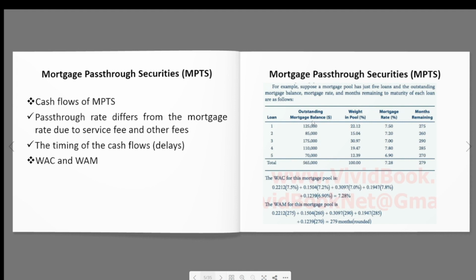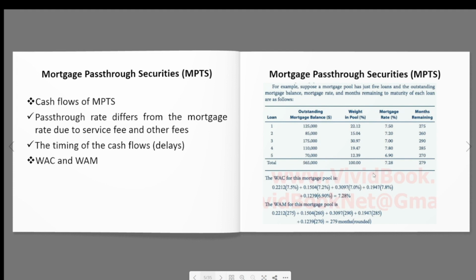To calculate the weighted average coupon for this mortgage pool, we simply multiply the weight in the pool by the mortgage rate for each loan, and at the end get a total. In this case, our total is 7.28%.